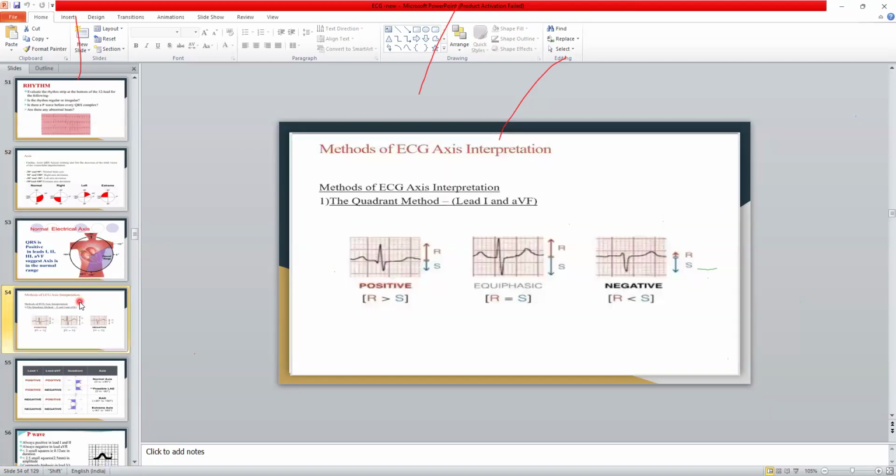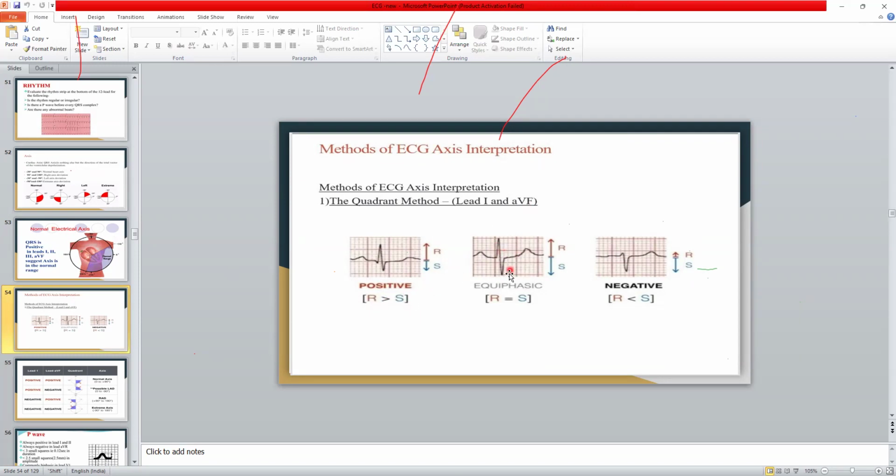There are various methods for the ECG axis interpretation. The most commonly used method is the quadrant method. In this quadrant method, you have to look at lead 1 and AVF. In these two leads, when the R wave is larger than the S wave, it is positive.